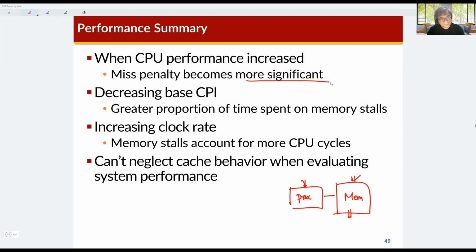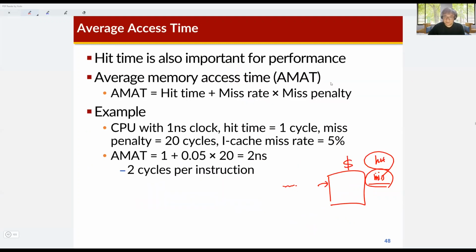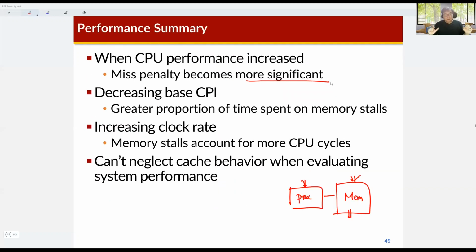That's actually obvious. What is the miss penalty? Miss penalty means the required cycles to transfer requested data from the lower level cache or memory. Let's say the clock frequency of the processor is increased, so the clock becomes faster. Then the miss penalty will also increase if the performance of the memory system is the same.